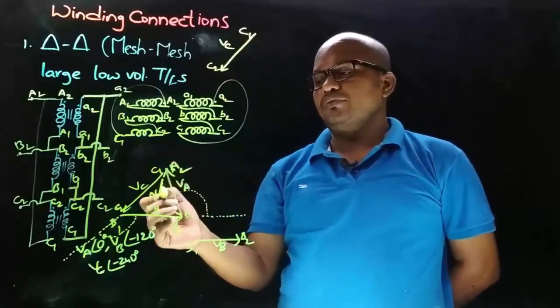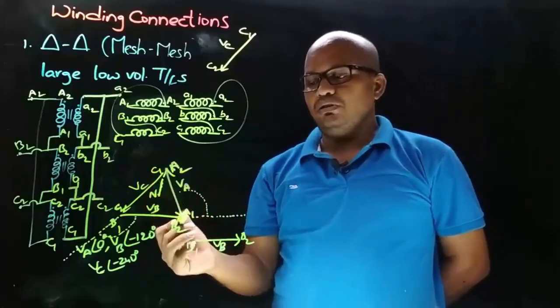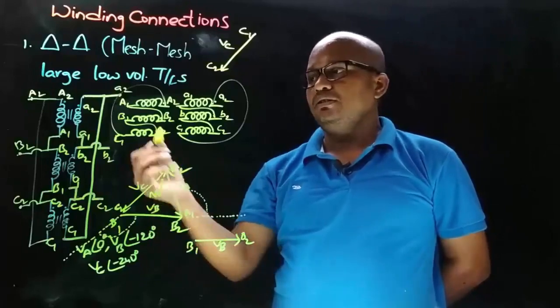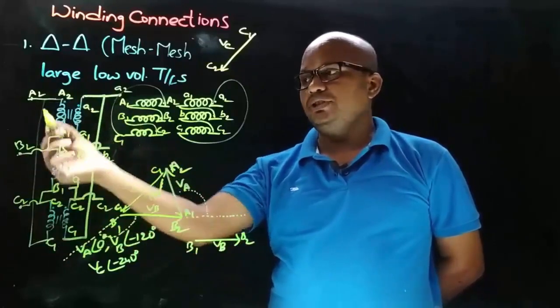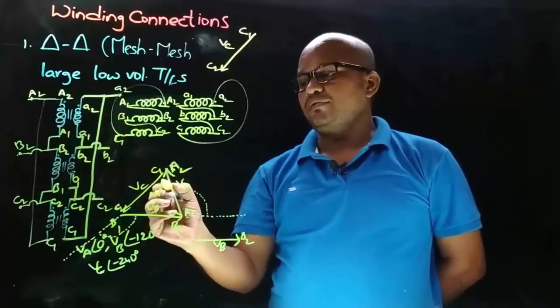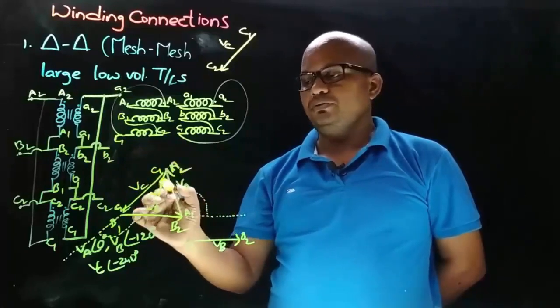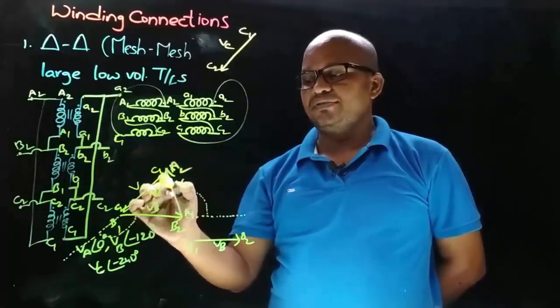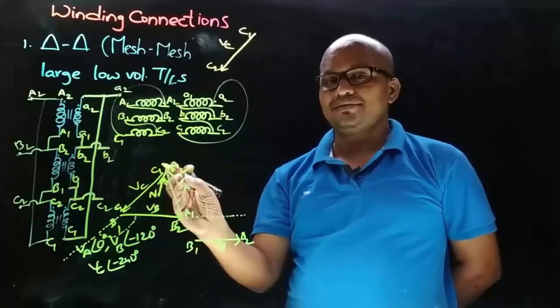If you have a doubt whether to take the reference phasor from A2 or from A1, then just observe the winding connections we took from. Here we took from A2, which means the reference phasor must always point towards the connection we took from. So this is the reference phasor. This is how the delta connection phasor diagram is drawn.